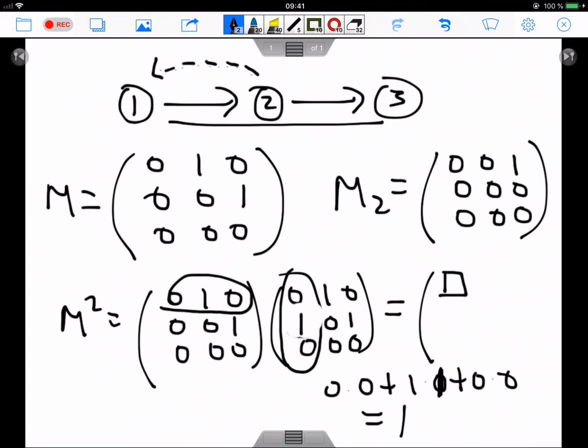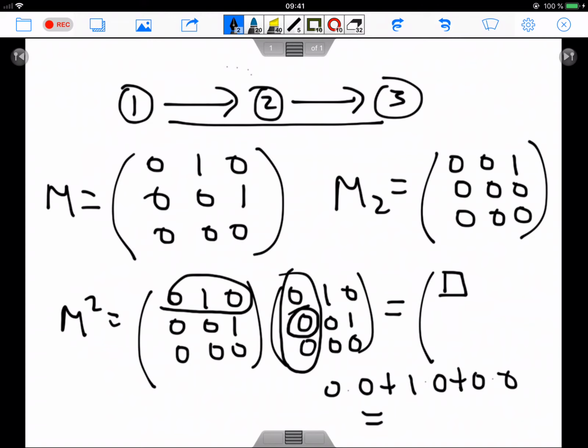Why? Because we would be combining an edge that goes from 1 to 2 with an edge that goes back from 2 to 1. So we are combining edges that end in an intermediate position and then go from that intermediate position back to 1. That is what we are computing when we do this multiplication.